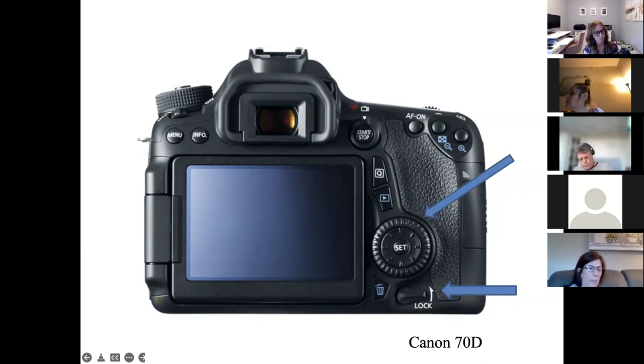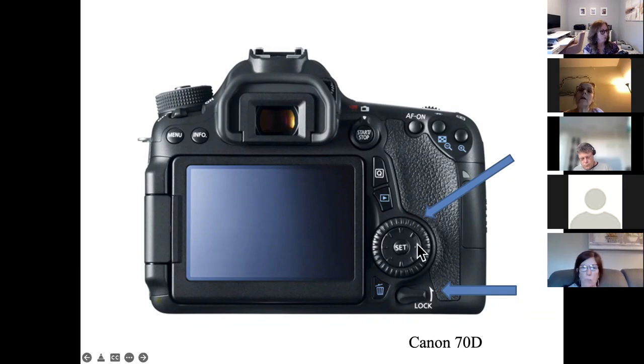So Carol, you probably see this on the back of your camera, and Brett, on the back of your camera. You want to make sure that lock is not locked. You want to leave it unlocked all the time. I don't see any lock on mine. You don't have it on yours, Sue. Okay, so you're okay on that.